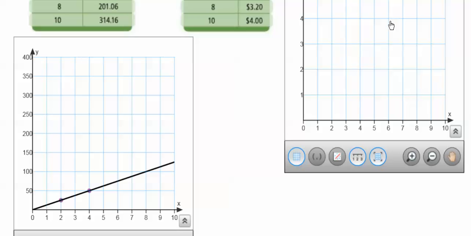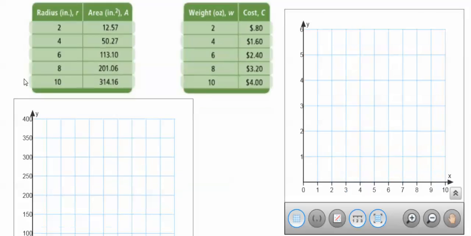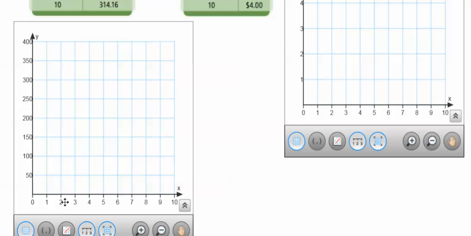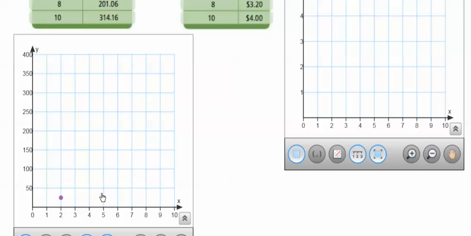Okay, so if I wanted to graph this first one, I believe it is 2 and 12.57. So I'm going to go 2 and 12.57. That looks about right there. And then the next point is 4 and 50.27.